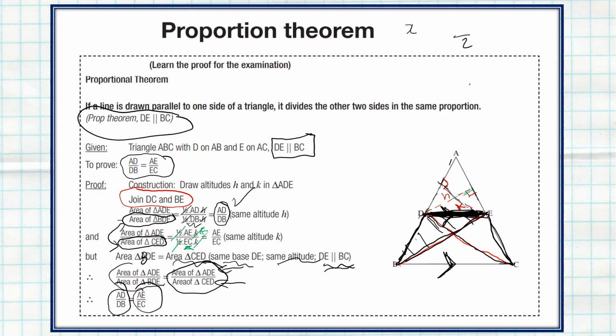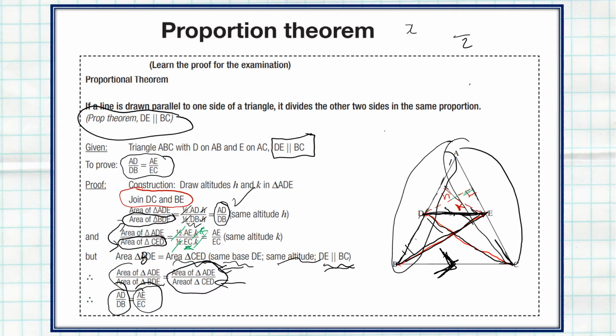Meaning to say that really it is true that if a line is drawn parallel to one side of a triangle, it will divide the other sides in the same proportion. Let me just erase these things here. So it will divide the other two sides in the same proportion, meaning to say we can say AD over DB will be equal to AE over EC.